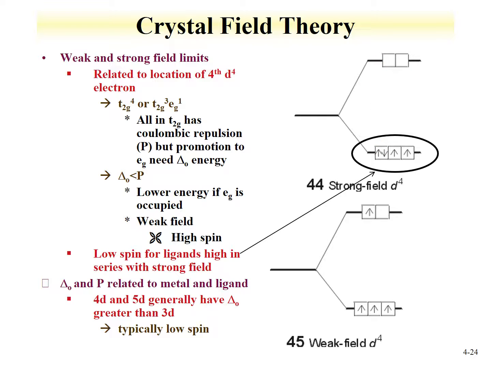It's got to form a pair with the T2g. That means it forms an anti-parallel pair, and there are 2 unpaired electrons. So this is a low spin situation. So we can describe this splitting as either strong field or weak field, or low spin and high spin.